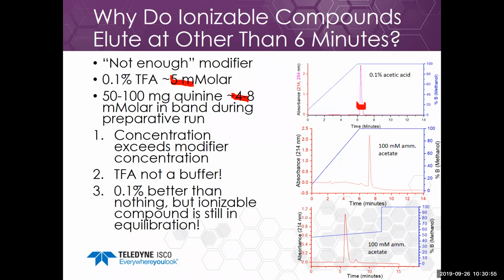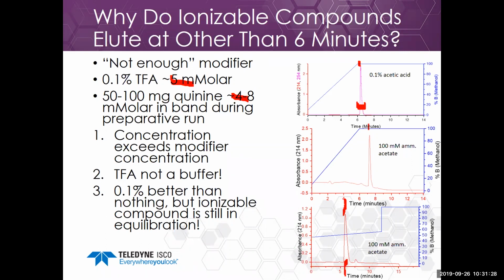So over here, we have a run with 0.1% acetic acid. I then ran quinine with 100 millimolar ammonium acetate, and you see that it eluted a little bit later than with 0.1% acetic acid. I then calculate a focus gradient and run it with 100 millimolar ammonium acetate, and now you see that the compound does elute at 6 minutes, so it elutes at the calculated time.